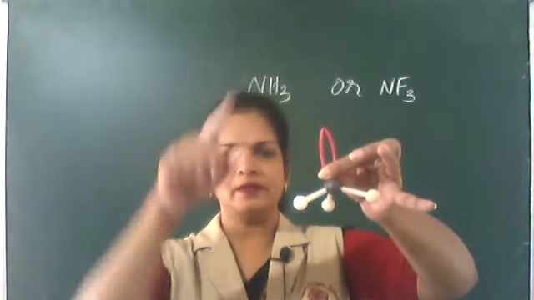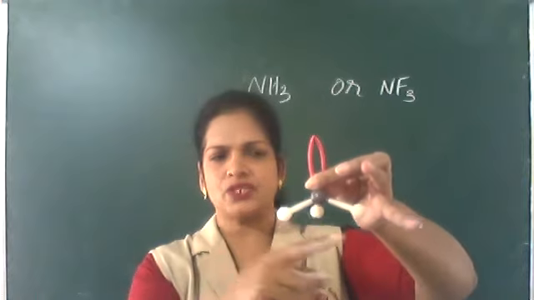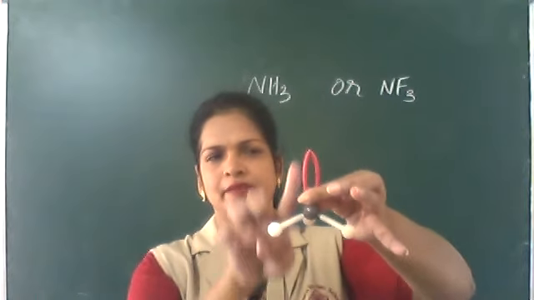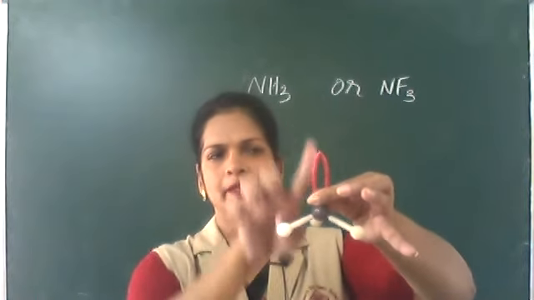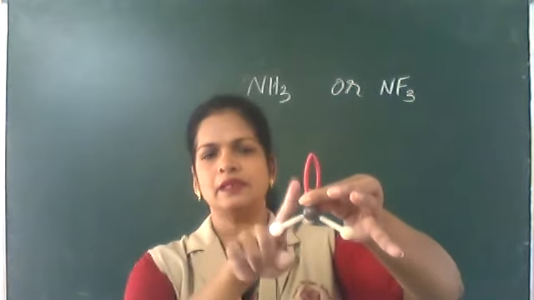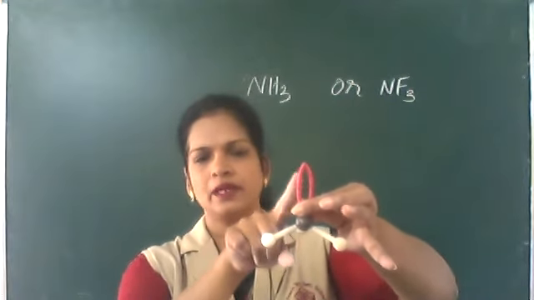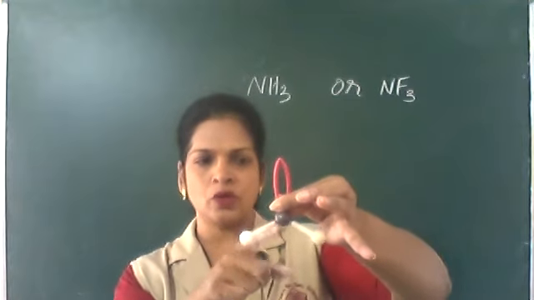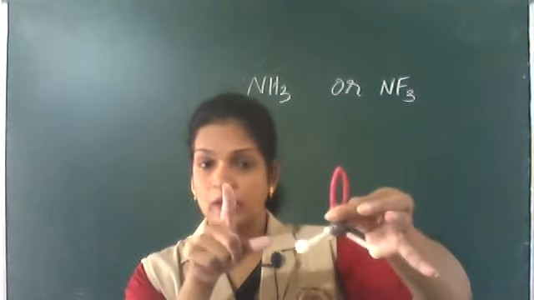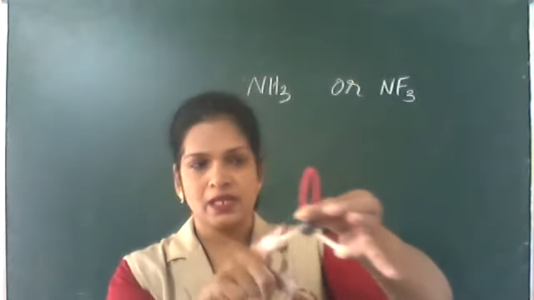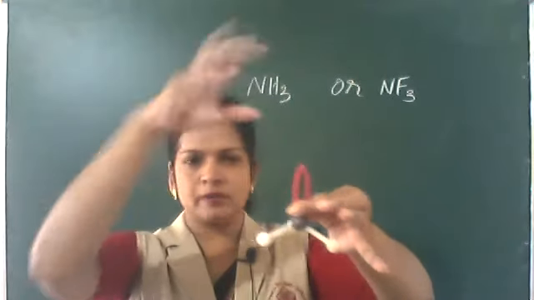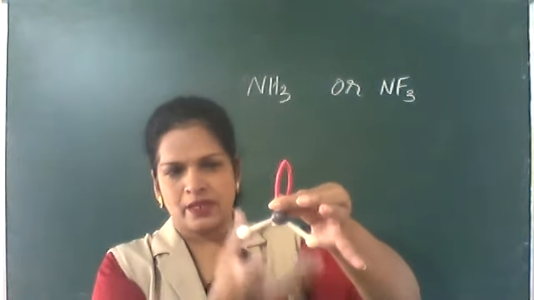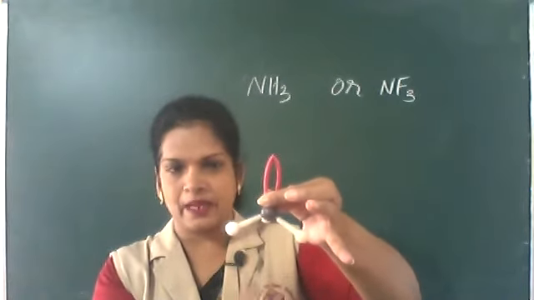This is H, H, H. Lone pair, we call it as orbital dipole. This is only an orbital. No bond is formed there. This is a covalent bond, covalent bond, covalent bond. Only covalent bonds are directional. So on the top there is nothing, no direction. So this NH3 has got a pyramidal shape.